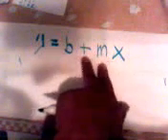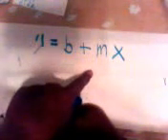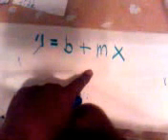So the first step is to change all the letters that are on the right side to the left side, and the letter that is on the left side, conversely, we're going to write on the right side.